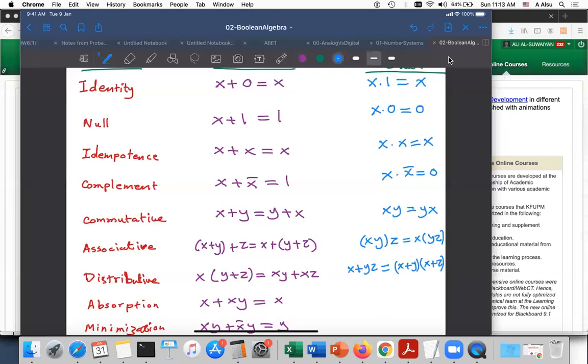We can use a couple of these properties to prove this one here. So what does this equal to?